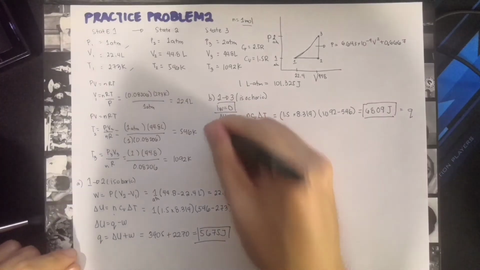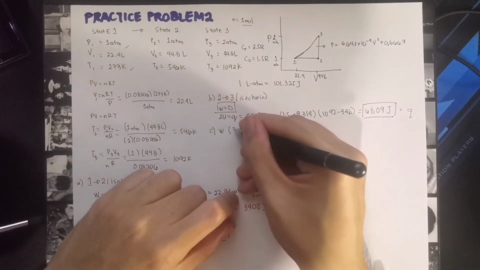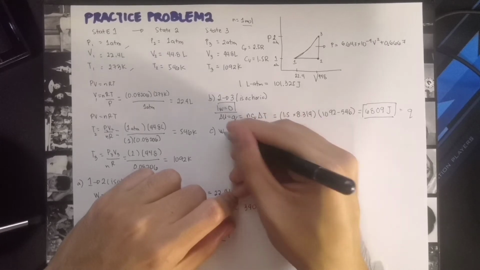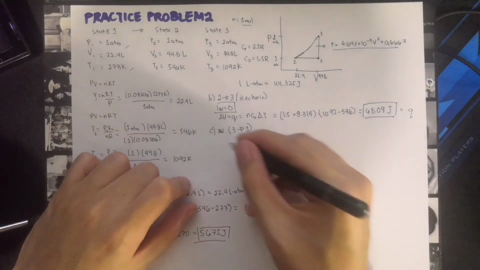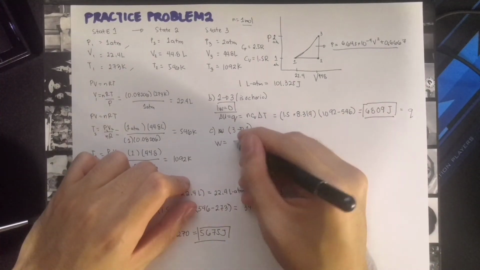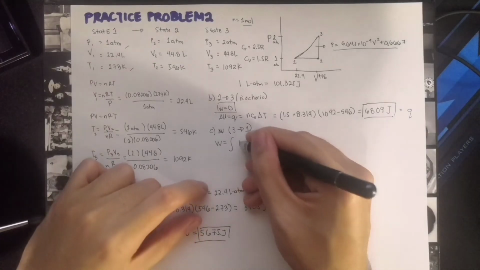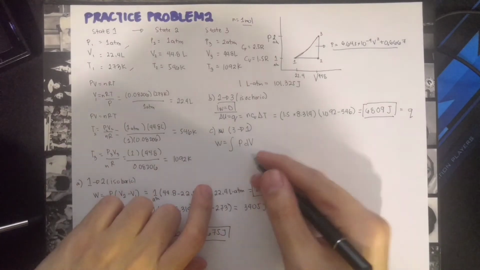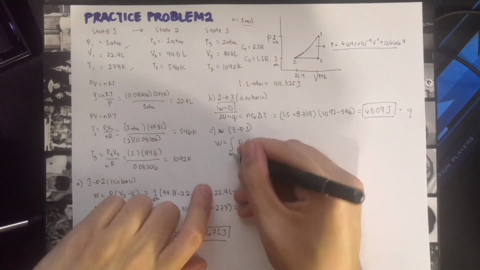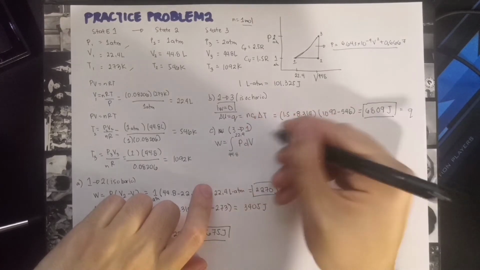For letter C, your work is from 3 to 1. So we're going from 3 to 1 along this path here. So we know that work is equal to the integral from state 3 to state 1 of P dV. Our V at state 3 is equal to 44.8, and at state 1, it is 22.4.